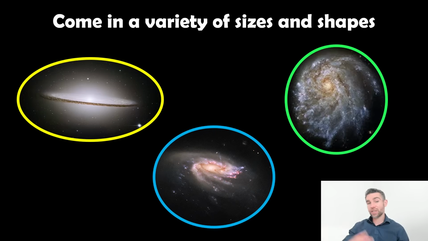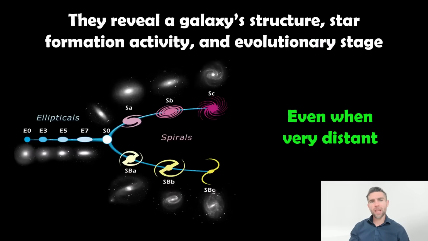So going back to the first bit, galaxies come in a variety of sizes and shapes, and applying these parameters can help us identify them when they are much further away and we don't get a clear view of the galaxies themselves. So it's a very useful tool. They can reveal the structure, star formation activity, and evolutionary stage, even if we can't see it properly.